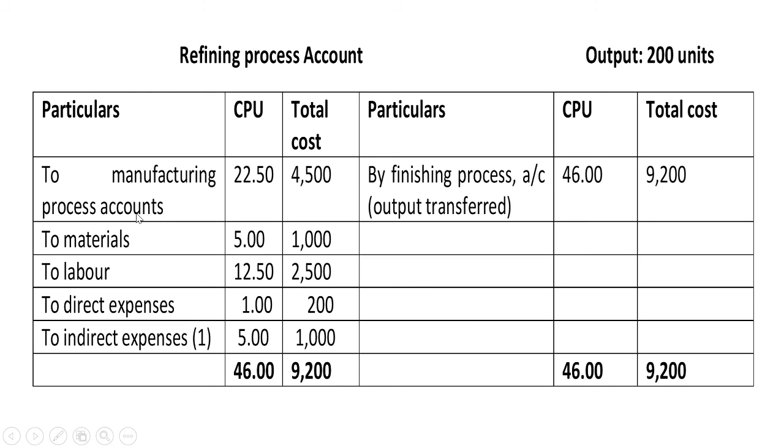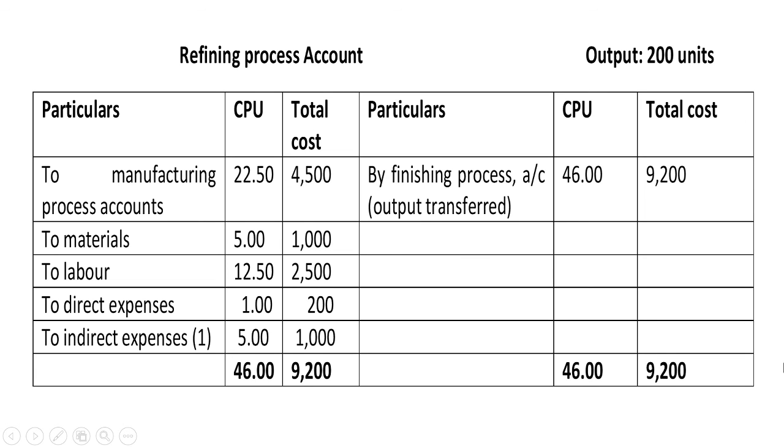Now to manufacturing process account, so it is from the previous process we have taken 22.50 and 4,500 as it is taken, and to materials they have given 1,000, calculate the per unit, and again to labor they have given 2,500, calculated the per unit as 12.5, and direct expenses also 200 for 1 rupee is the current cost per unit, and to indirect expenses there is a ratio, on that ratio calculate, you will get around 5. So this is about the total gist of your refining process account.